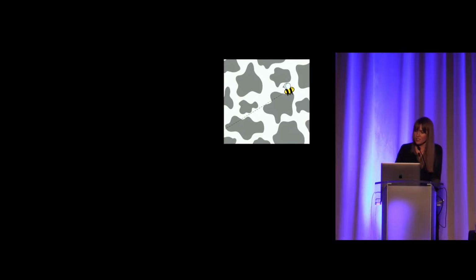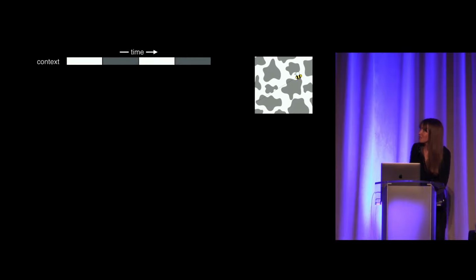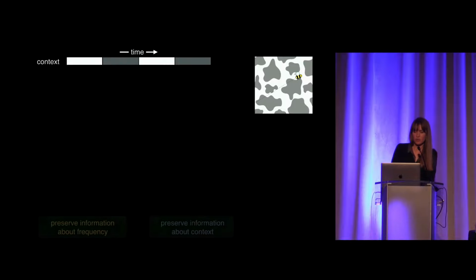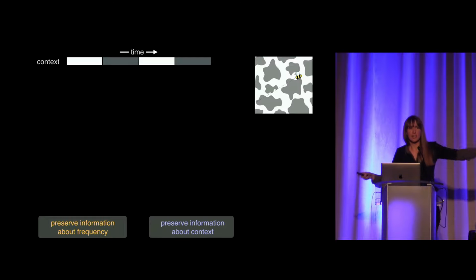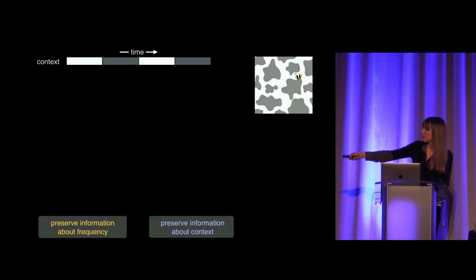So let's consider this problem where the bee is moving in time through different contexts here. And I want to compare the strategies that we would get if we're trying to directly preserve information about frequency. This is analogous to what we worked out at the beginning of the tutorial. So we care about the frequency itself versus we care about preserving information about the underlying context.